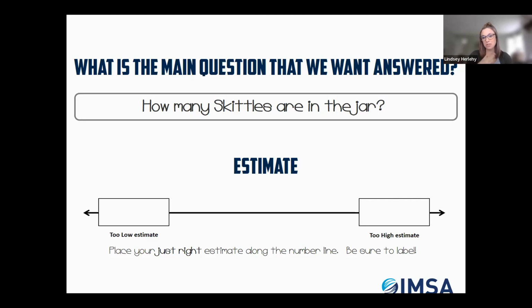So we're thinking of a too low, a too high, and then once you have those benchmarks, I'd like you to determine your exact estimate. What do you think is the exact number of Skittles in that jar? So a too low, a too high, and the exact number. Good question, Rich.